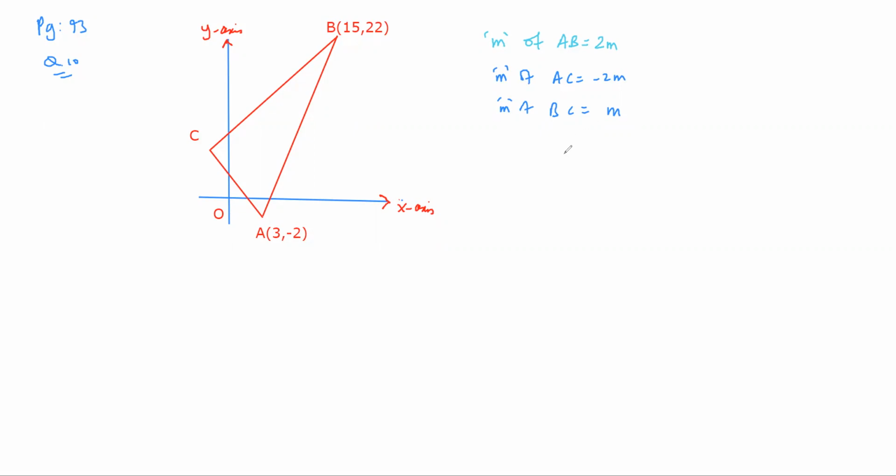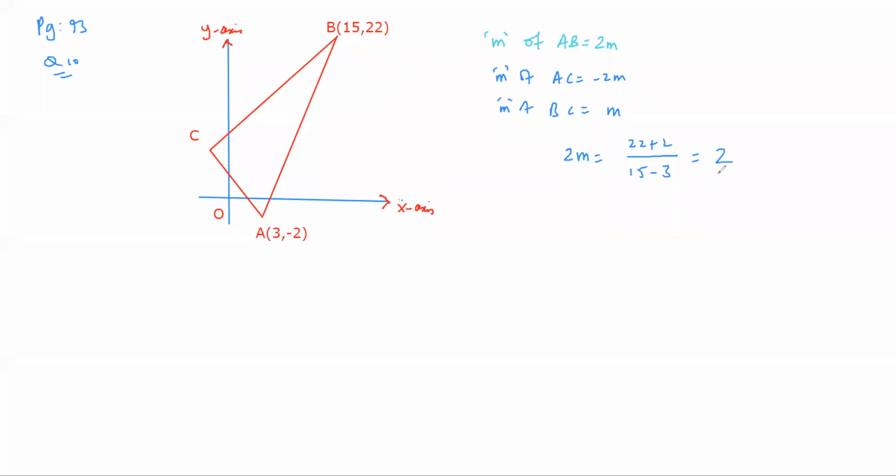Using the gradient formula, I can say that the gradient of AB, this 2m, is basically y2 minus y1 over x2 minus x1. So this is 24 over 12, so that is going to be 2.